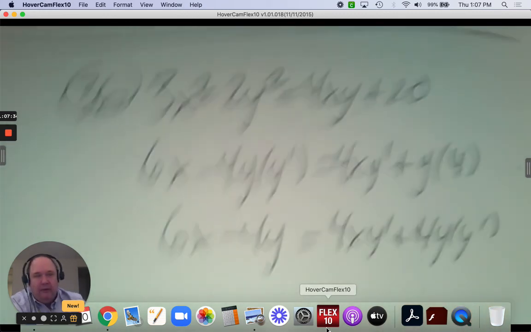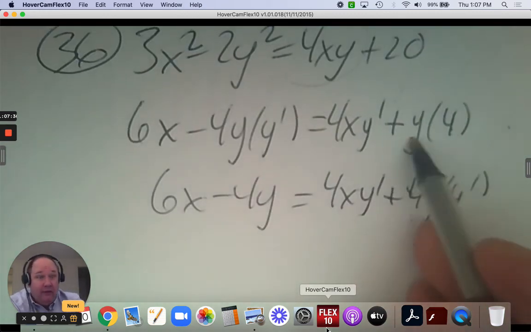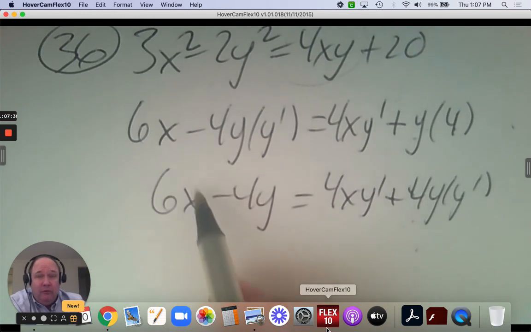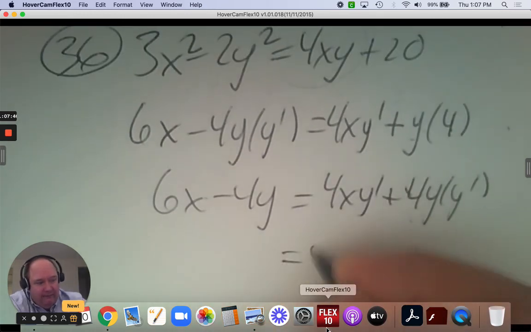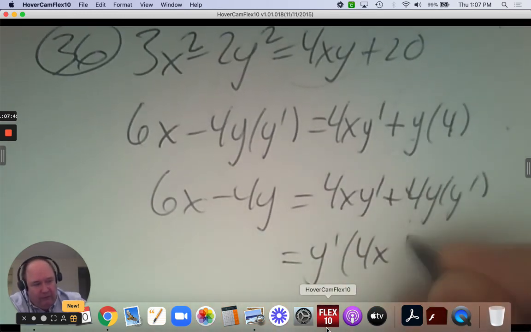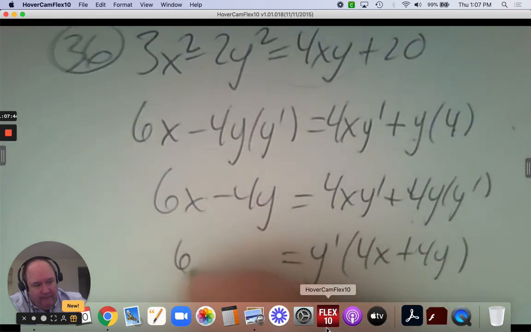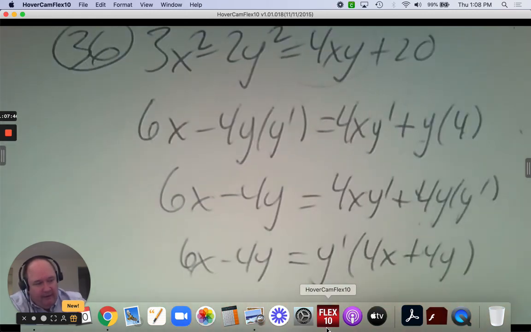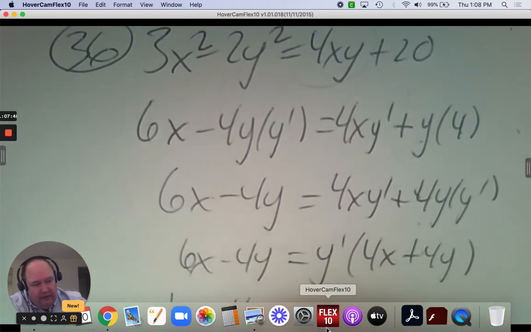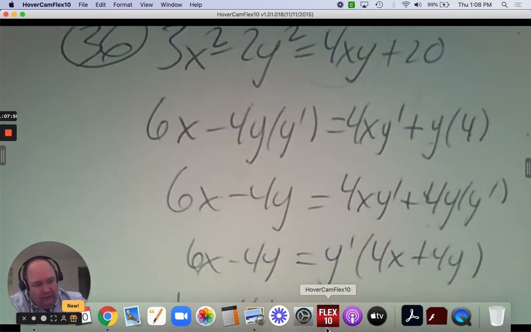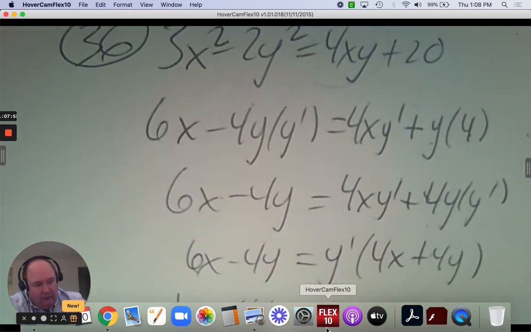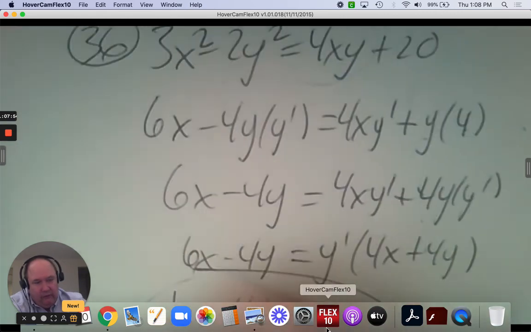So I'm going to bring the y primes together. If it doesn't have a y prime, it's going to be moved to the other side. I'm going to factor out y prime. So I have 4x plus 4y. And then the last step is to divide. So it's 6x subtract 4y, and then it's divided by 4x plus 4y. That is the derivative.